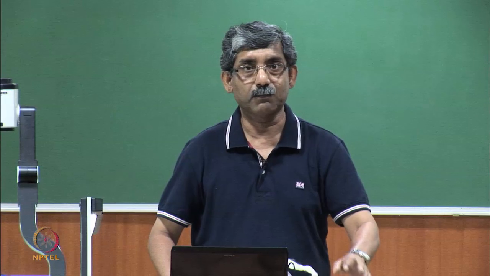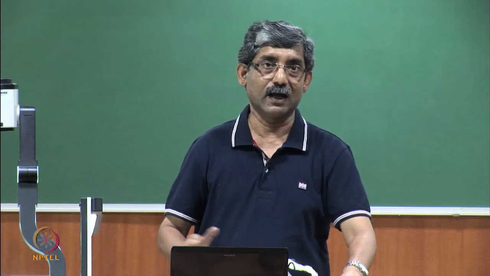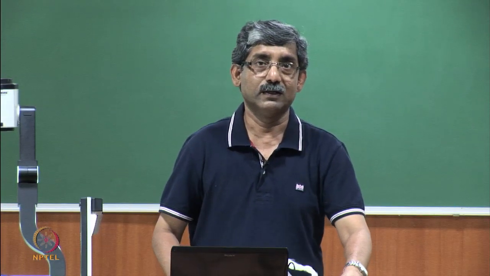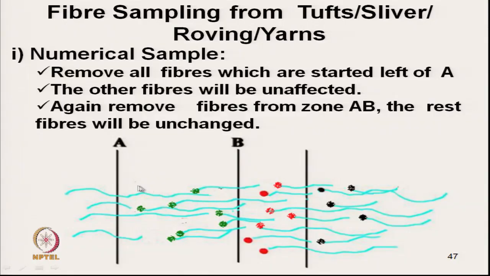Now, in a numerical sample, as we discussed in the last class also, if we remove some portion of fibers, those fibers will not affect the proportion of the remaining bulk.